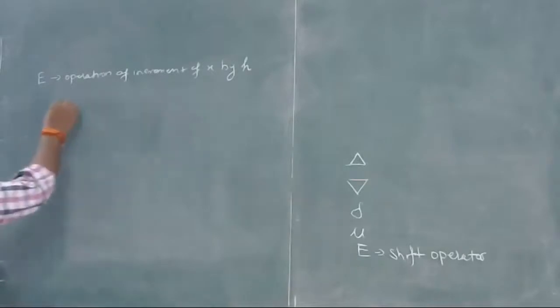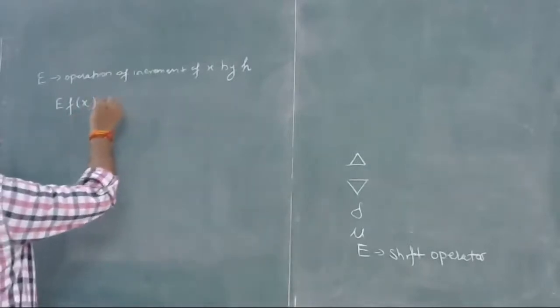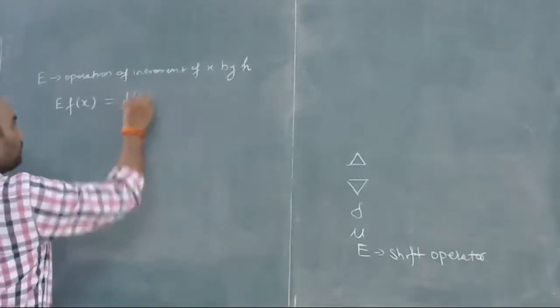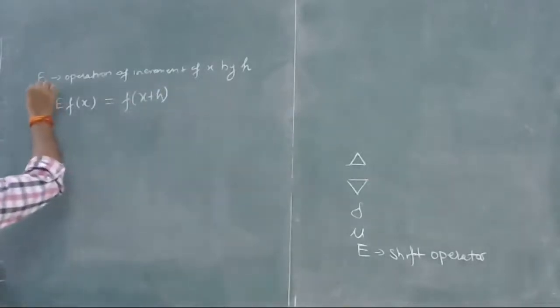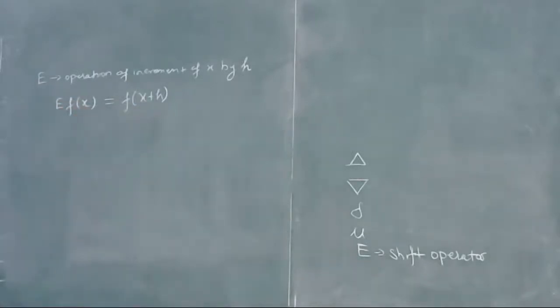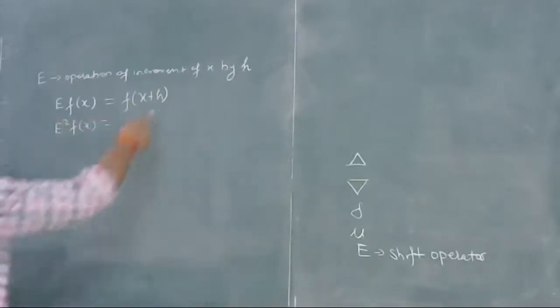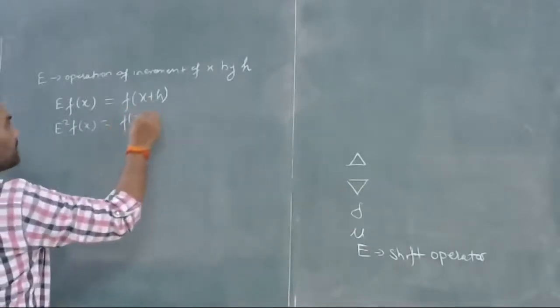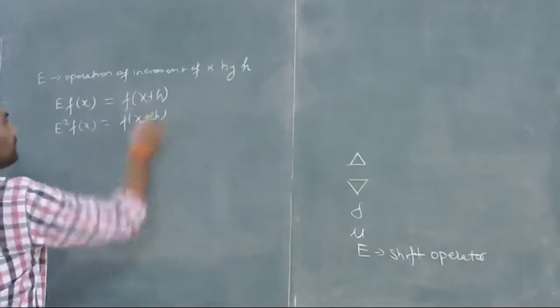So if f of x is there and you apply this operator, E f of x, this will increase the argument and will be equal to f of x plus h. Similarly, E square f of x will increase x by twice of h, so this will be f of x plus 2h.